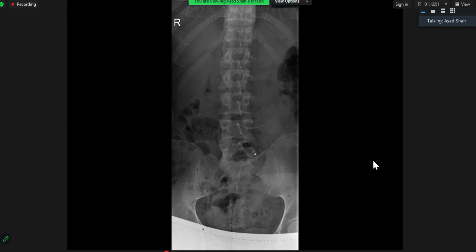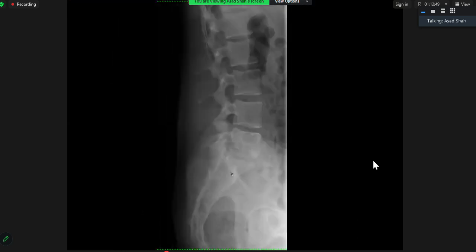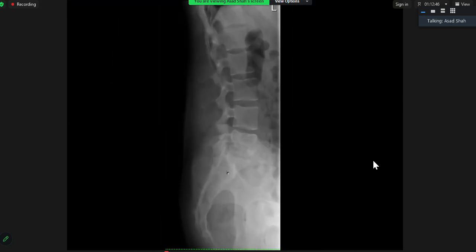Okay, right, I'll just put it there for you. So that's the lateral X-ray. Describe what you see there. In this lateral lumbosacral spine X-ray of the same patient, I can see a region of abnormal lucency involving the whole of the L5 vertebral body, and also the anterior and posterior elements.